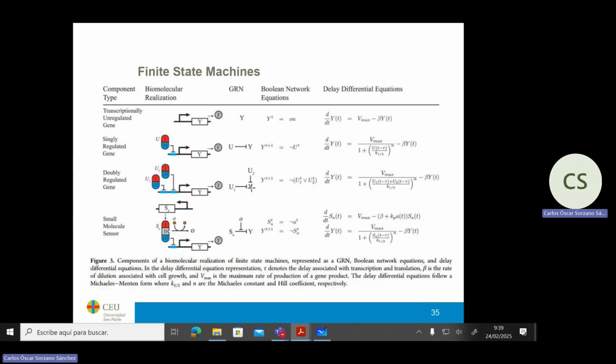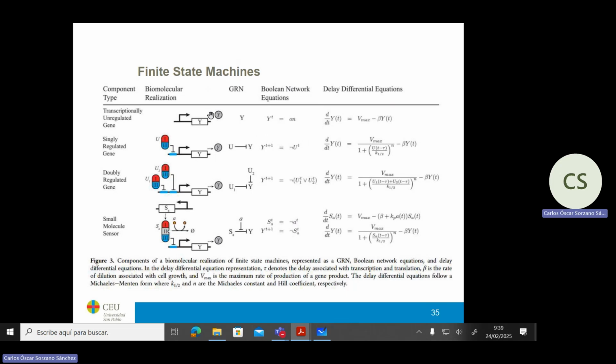And this one is blocked by U1 and U2, and S1 blocks Y, but if A happens, then A blocks this inhibition. Then you can write that in terms of Boolean network equations.